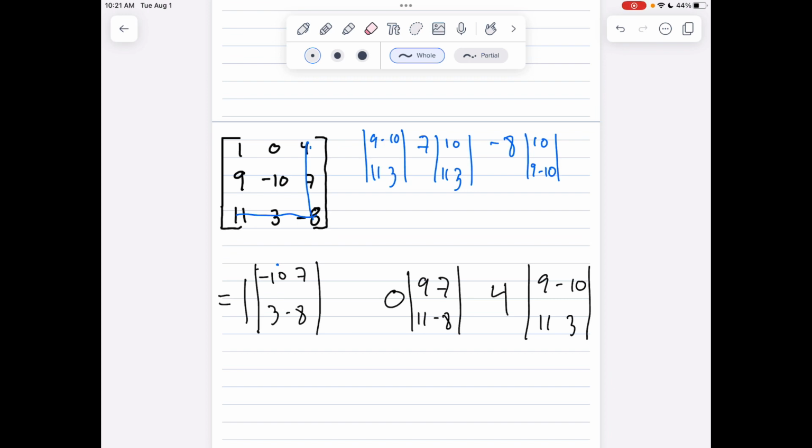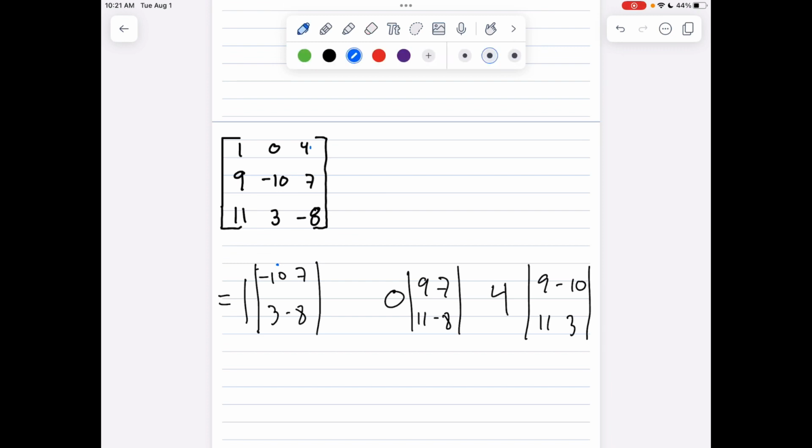Okay, so let's continue with our selection and compute this. Now, and this is very important, when you're working with a 3 by 3 matrix, there are signs associated with each of the numbers 1, 0, 4. In our case, the 1, because it's in the first row, first column position, has a plus, so we put a plus next to it.